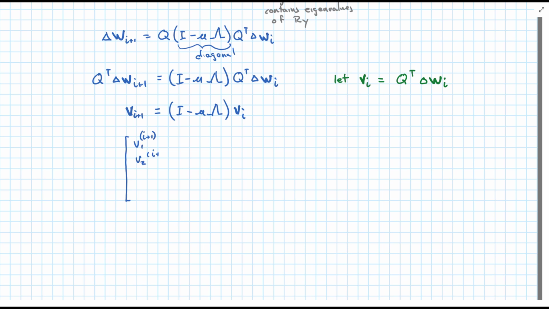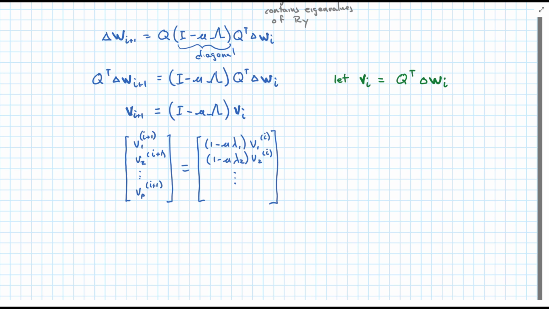That would be V 2 at i plus 1 all the way up to V, let's say p, at i plus 1. And that's just equal to, now, 1 minus mu lambda 1 times V1 at iteration i. And this continues 1 minus mu lambda 2 times V2 at iteration i, and so on and so forth.